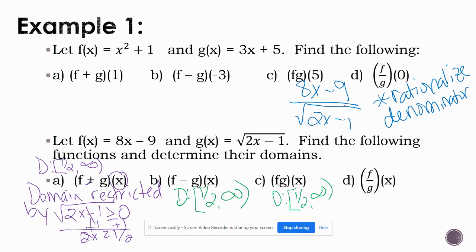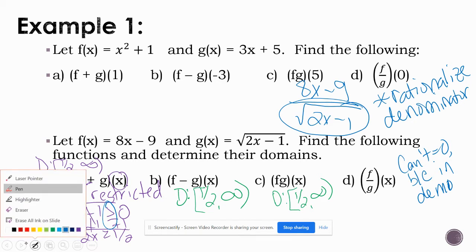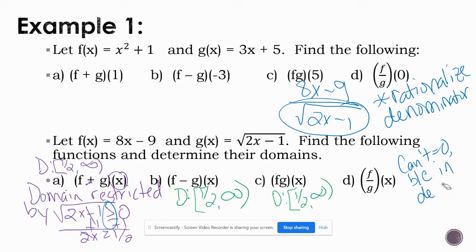Our domain is still restricted by this radical. But how this is different is for all of our other ones, we said, well, it could be equal to 0. Well, now it can't equal 0 because it's in the denominator.